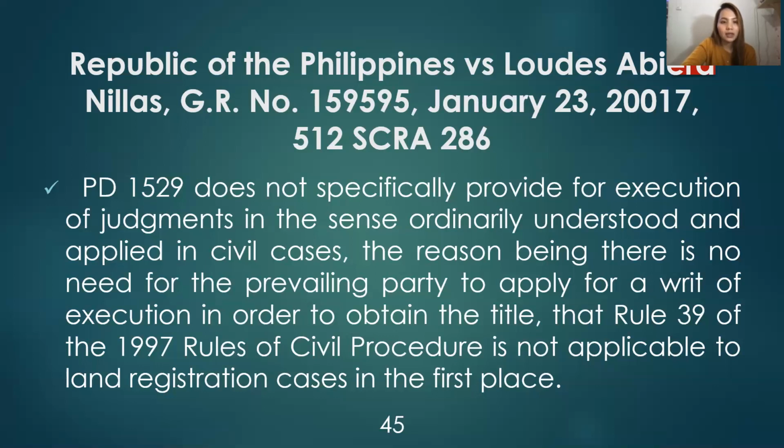Further, Section 6 of Rule 39 of the Rules of Civil Procedure establishes that a final and executory judgment or order may be executed on motion within 5 years from the date of its entry, after which time it may be enforced by action before it is barred by the statute of limitations.